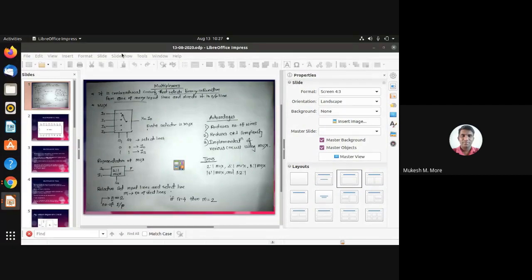So we are taking the present input as 1 and the previous output as 100, so the new count is 101. In this way, we use sequential circuits. Today we'll discuss the multiplexer and decoder.